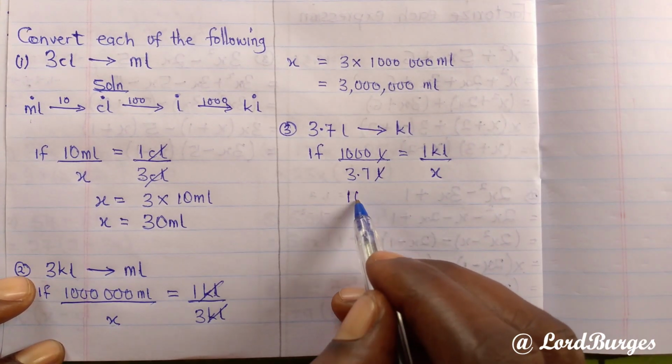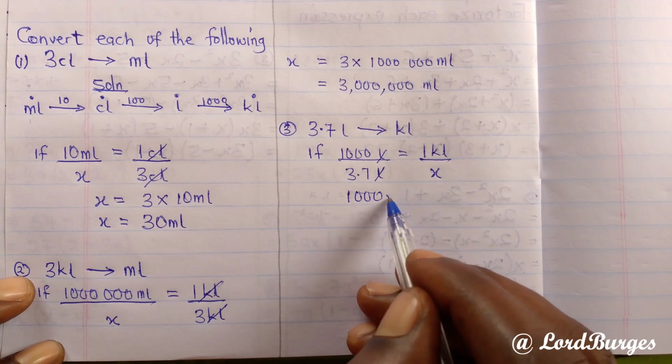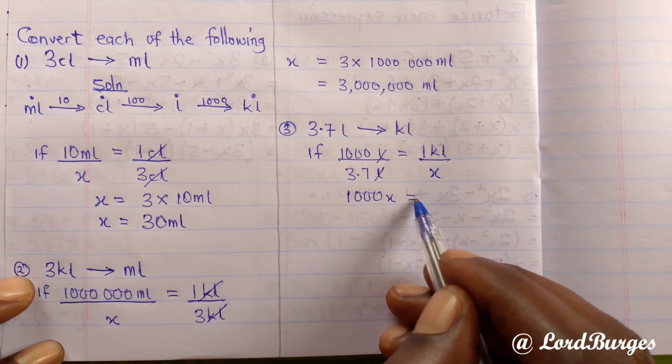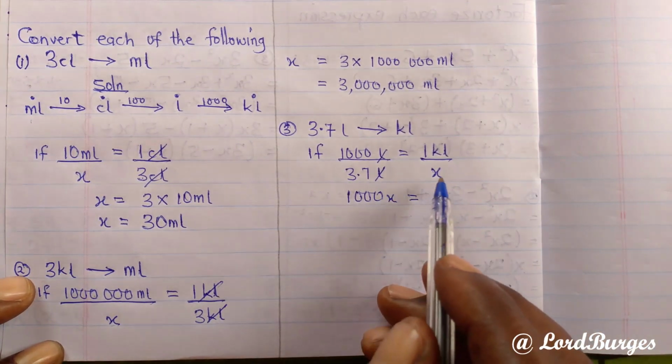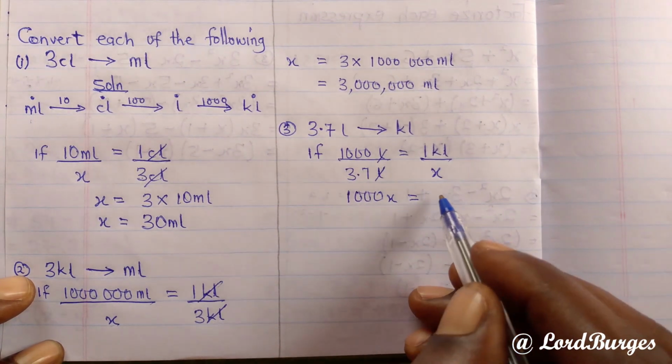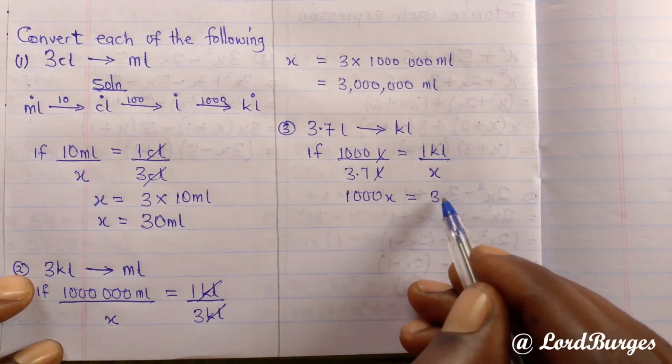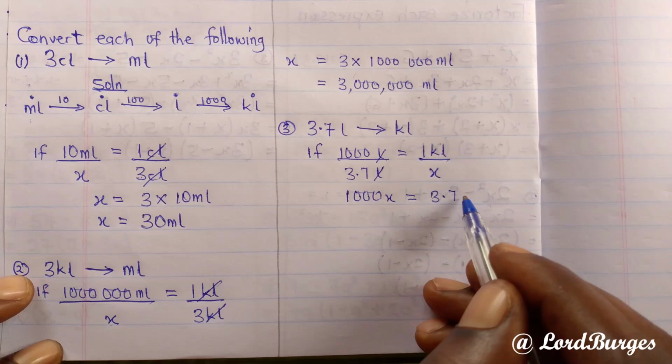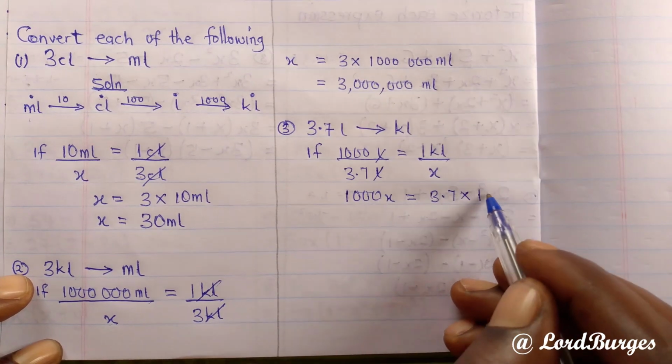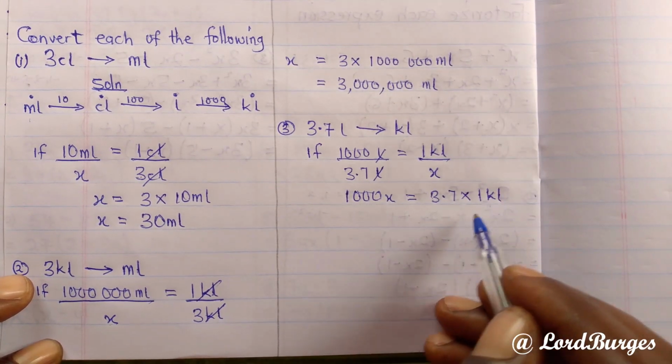So now we have 1000 x is equal to, that is when we cross multiply, 3.7 by 1 kiloliter.